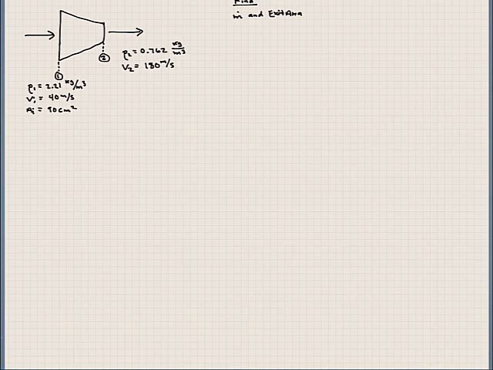So one assumption is that we have a steady flow system. Okay. Now, what's the first thing that we can do here? Well, to find the mass flow rate through this system, let's find the mass flow rate first.